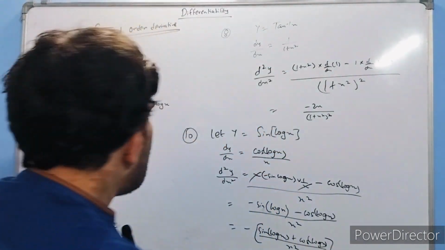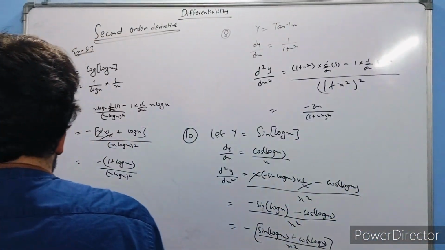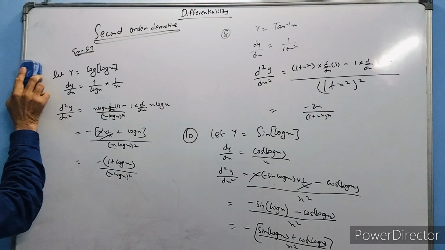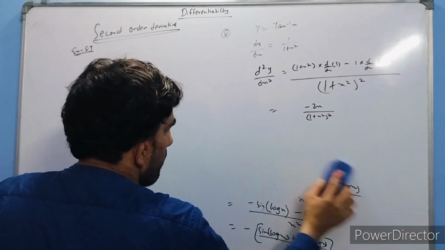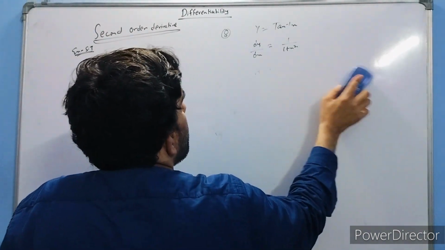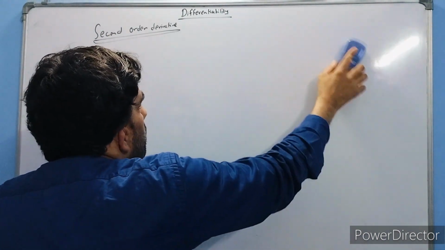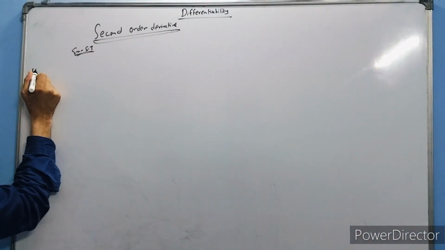Let's move on to the 11th question I have. Let us see what function is given so that we can differentiate it twice, that is the second order derivative. We have solved 10 numericals, now we'll try to solve the 11th one.